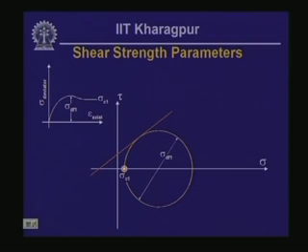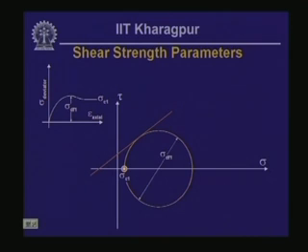Now what you should notice here is that sigma C1, the cell pressure under which this particular test was conducted, is the minor principal stress, and if you add the deviator stress at failure for this test, given by sigma df1, to sigma C1, then you get the major principal stress for this situation.